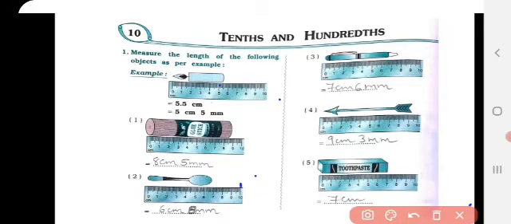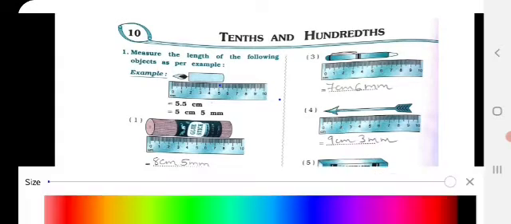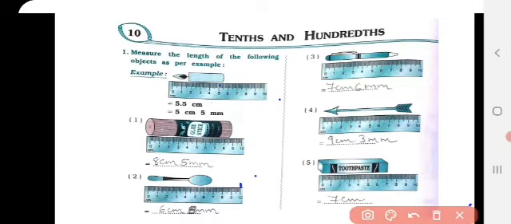You are not supposed to use your scale. They had already given a drawn scale, and the objects are already drawn above the scale or ruler. The very first example that you can see is a candle. A candle is given of measurement 5.5 centimeter.